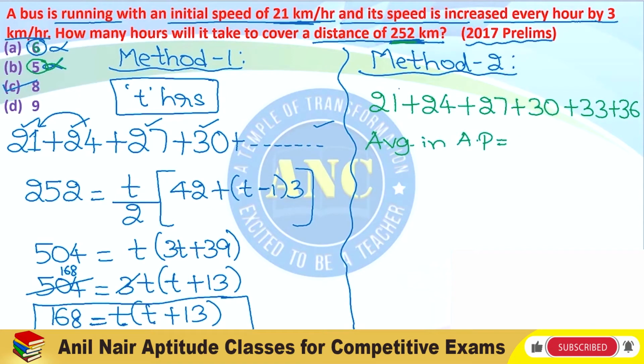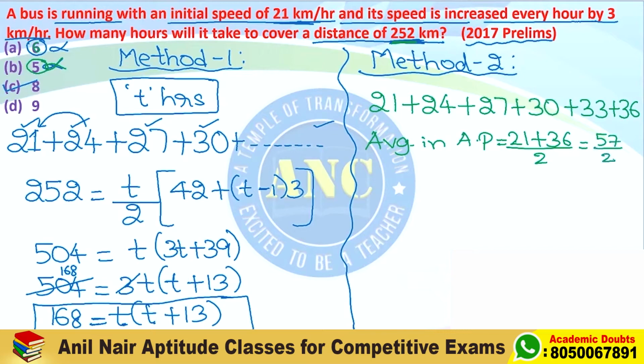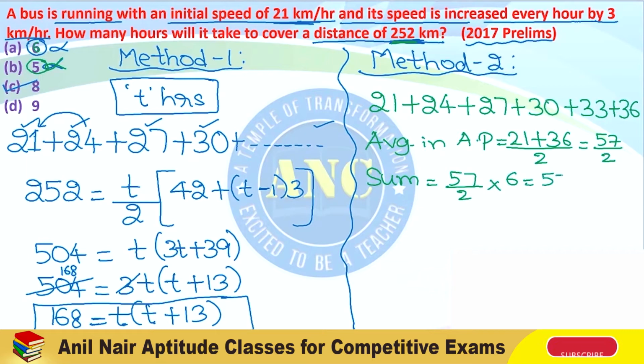If there are 6 terms, first term is 21, last term is 36, divided by 2. So this is 36 plus 21 is 57 by 2. This is the average, but I want the sum. Sum is nothing but average into number of terms. So 57 divided by 2 into 6 terms. So 57 into 3. Is it equal to 252?